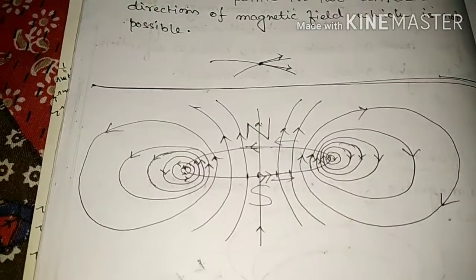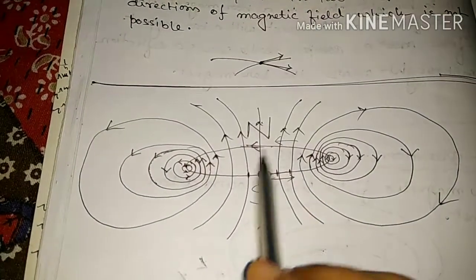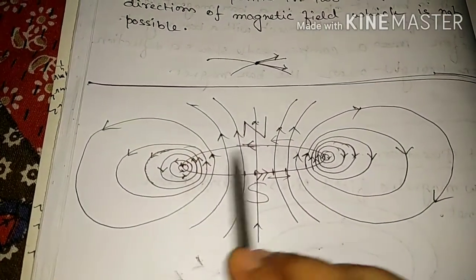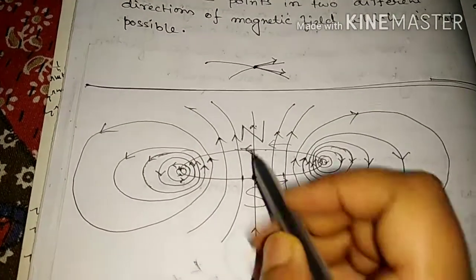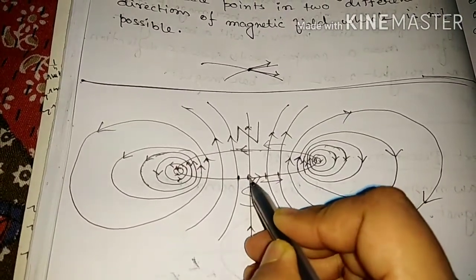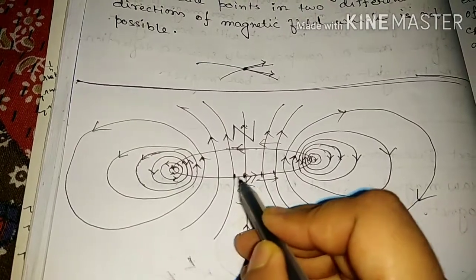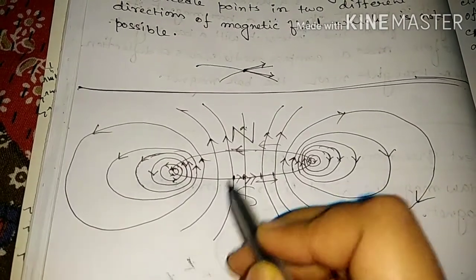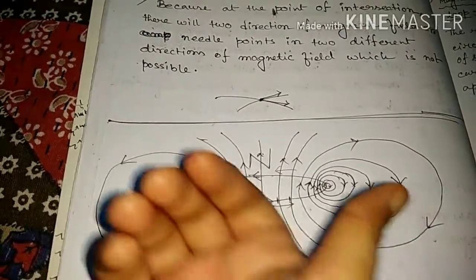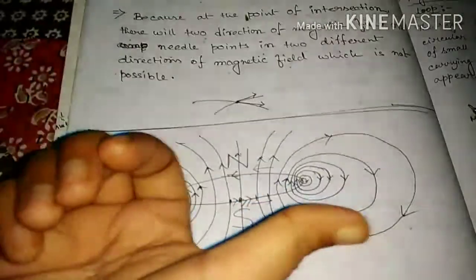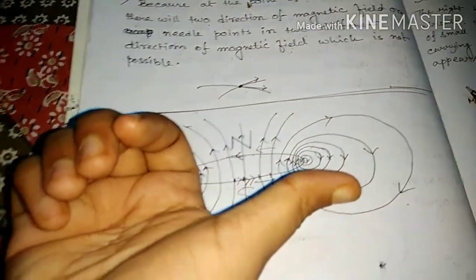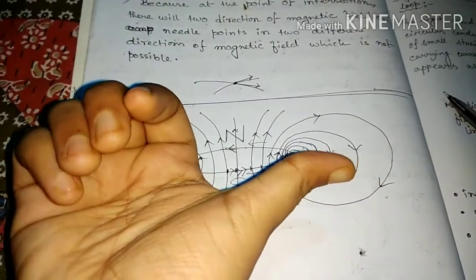I am going to suppose the current is flowing through this coil from here to here, like this way. Now if you consider only this segment of the wire, the direction of the current is this side. So you hold your hand like this way and point your thumb towards the direction of current.